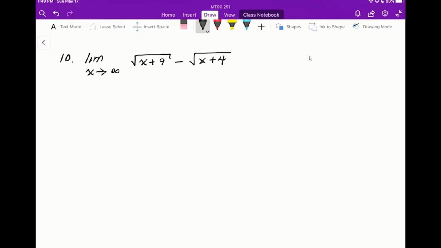So direct substitution, this first term goes to infinity, and then the second term goes to infinity. And because one infinity minus another infinity is not 0, we cannot make that conclusion. So we know that infinity minus infinity is not 0.